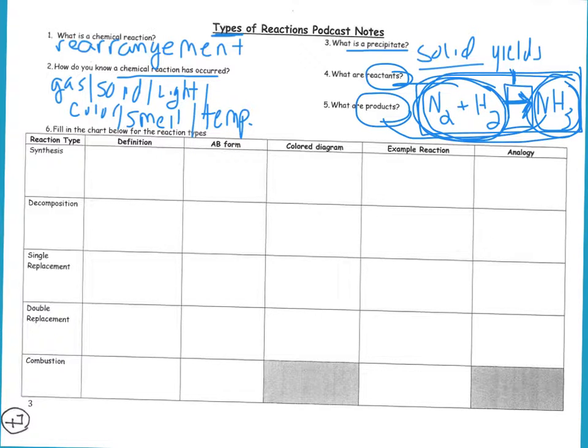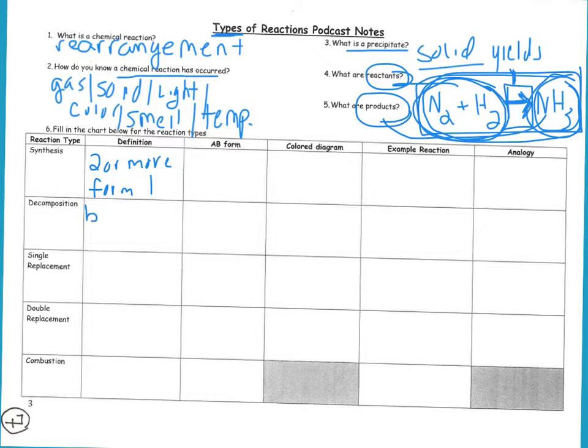A synthesis reaction is usually when we have two, I guess, or more, and they combine to form one product. Okay, so two or more things combine to form one product. A decomposition would be just the opposite.